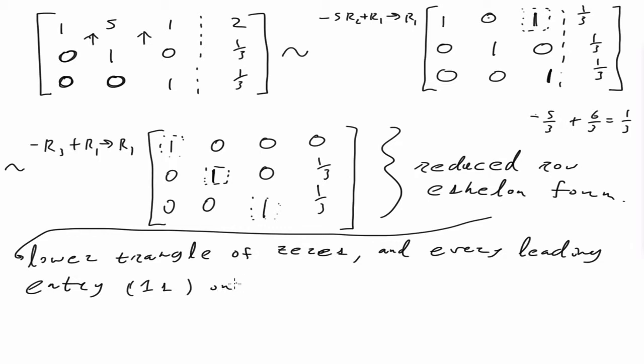So every leading entry of ones has zeros everywhere else.